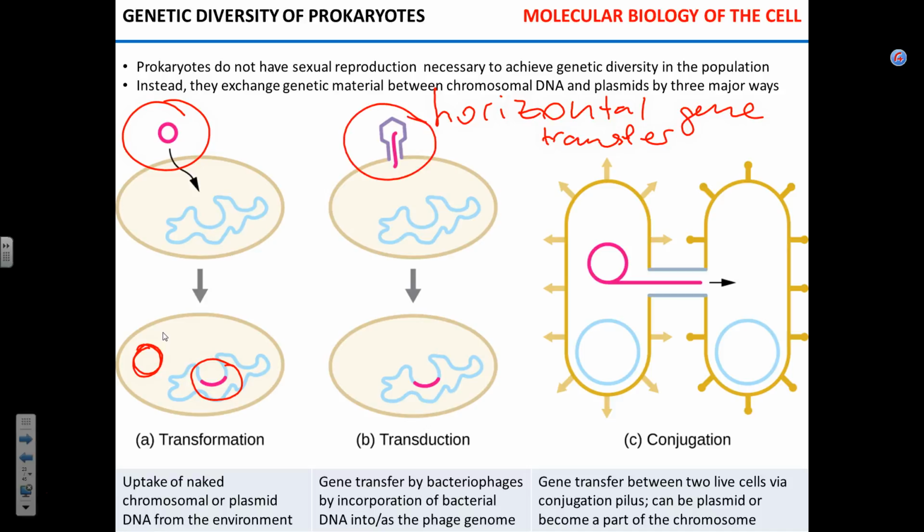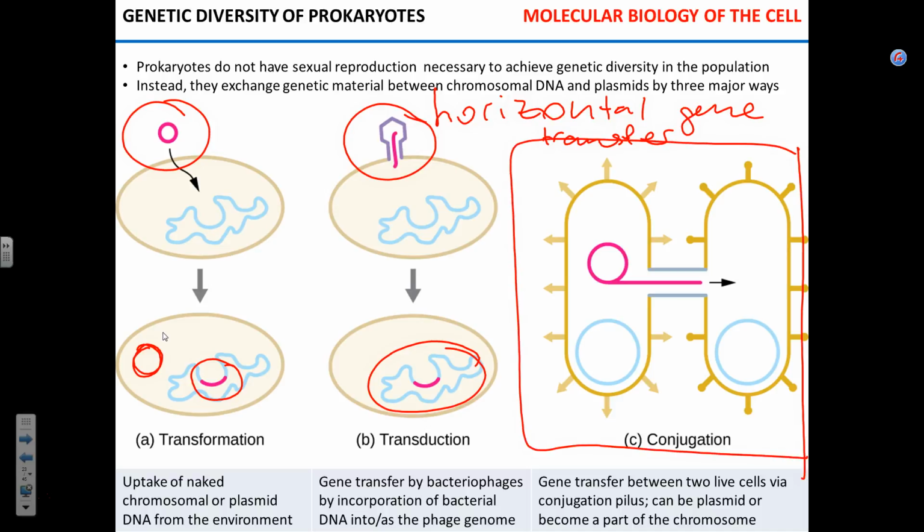Transduction, which employs bacteriophages, the type of microbes that we didn't talk about, but we will have a chance to talk about them today, also leading to the incorporation of the DNA into the chromosome. And finally, the bacterial sex, conjugation, direct exchange of the DNA between two live bacterial cells.